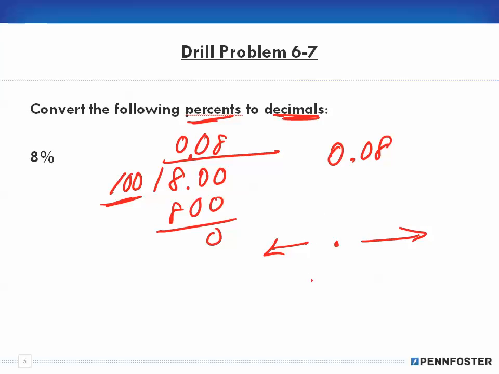Well, if I have 1.234, and I'm talking about a percentage here, what I'm doing is going to the left. I would go 1 place, and then 2 places. So I end up with 0.01234.